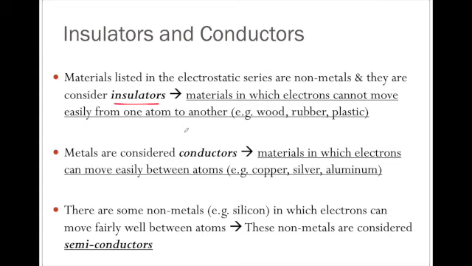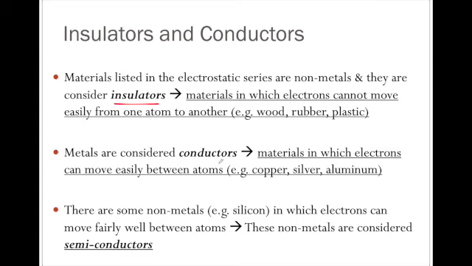Examples of insulators are wood, rubber, and plastic, right? Notice that all three of these things are nonmetals. So in general, nonmetals will tend to be insulators. Electrons don't move very freely in them. Remember that this is just a measure, that there are different levels of insulators, and we're talking about a spectrum of how easy it is to move.